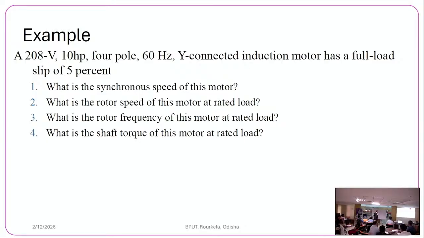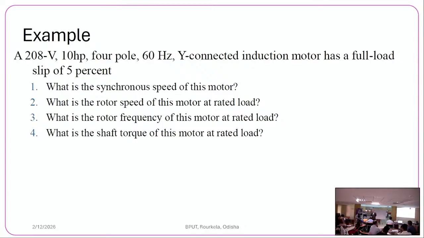What is the shaft torque? That is the load power divided by omega. 10 horsepower divided by omega. 1 horsepower is 746 watts, so the power output at 10 HP is 10 into 746, which is 7460 watts.